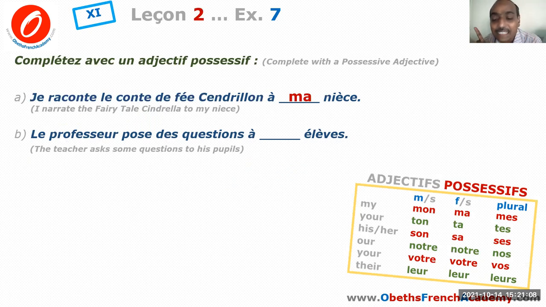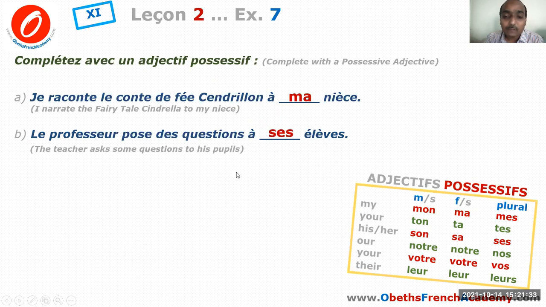He is asking some questions to whose students? His students. So what is his? It can be SON or SA or SES, but after the dash the noun is in the plural form. So which one will you use? Son or sa or ses? You will use SES because the noun is in the plural form.